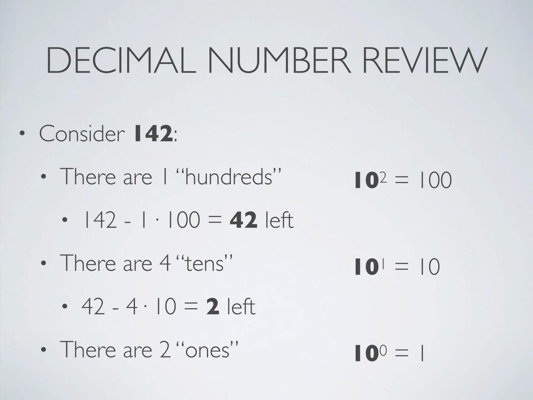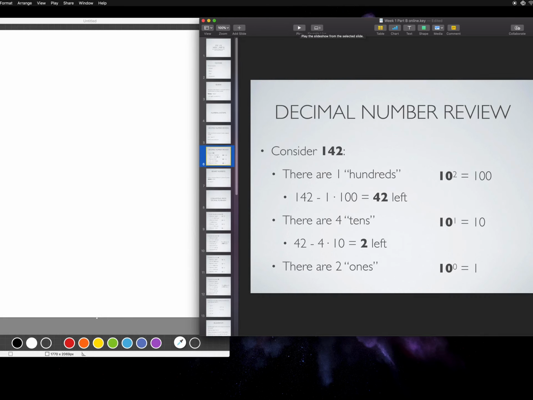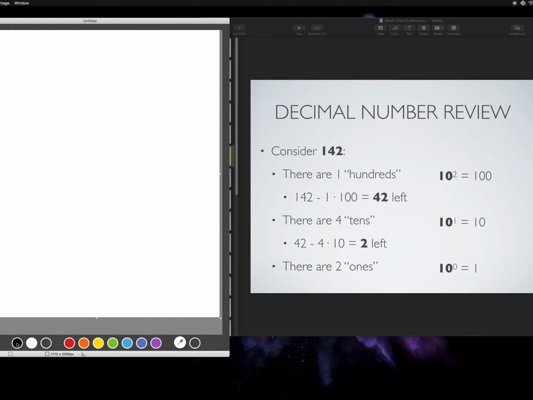The hundreds place, also known as 10 to the power of 2, we have a 1 in it. In the tens place, 10 to the power of 1, we have a 4, meaning we have 4 tens in this number. And in the ones place, 10 to the power of 0, we have a 2, meaning there's 2 ones. So if I were going to write this number based on its places, it could look like this.